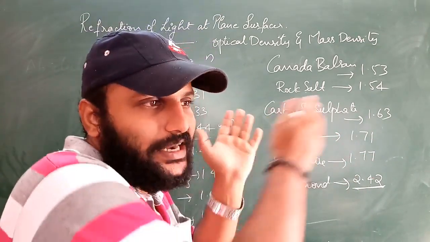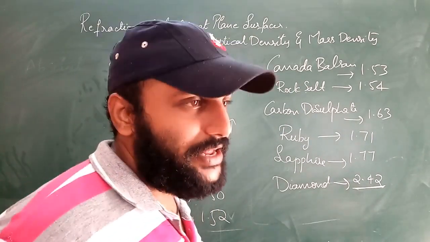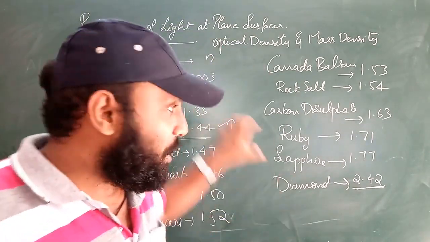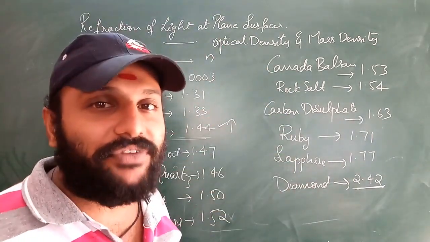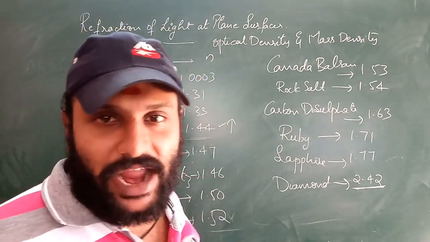Understanding what is the optical density and mass density. Optical density and mass density are completely different. So what we can observe is that different materials will have different refractive index. How do these different materials have different refractive index?